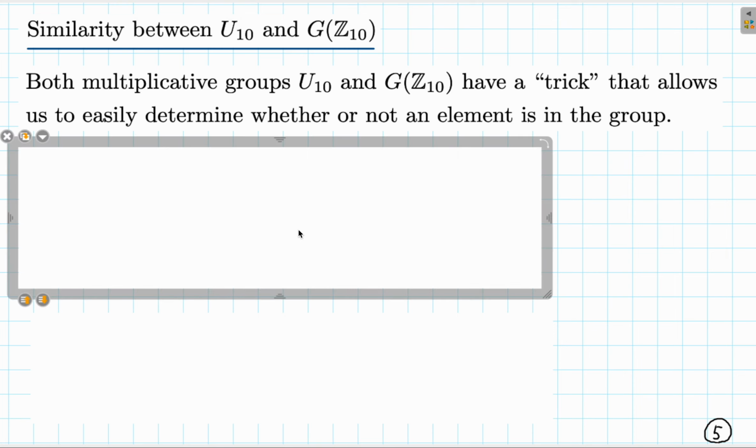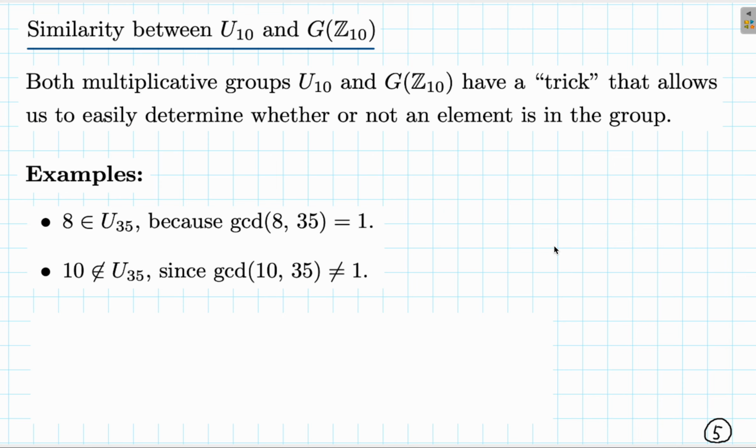So for example, with U35, we know that 8 is an element of U35 because 8 and 35 are relatively prime. Well, we may not even know right off the bat what the multiplicative inverse of 8 is, but we know that it exists because 8 and 35 are relatively prime. So that's the trick that I'm referring to.